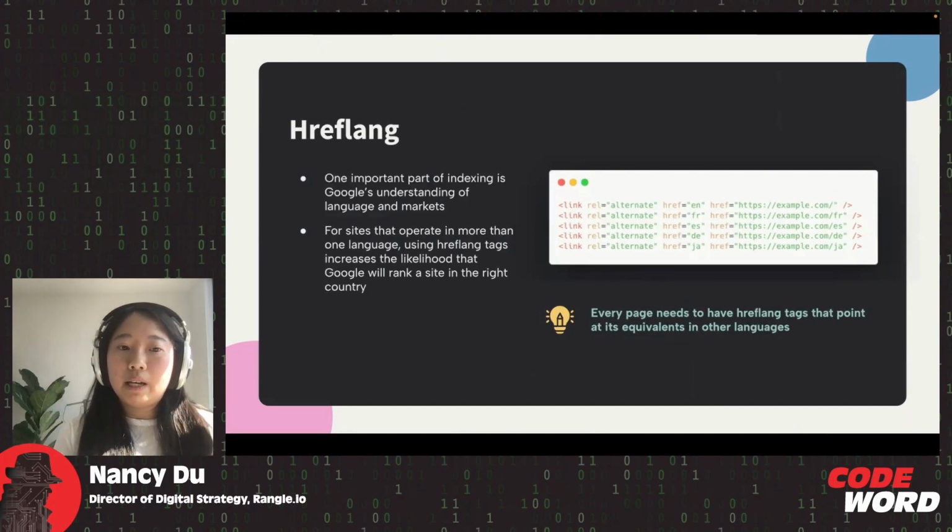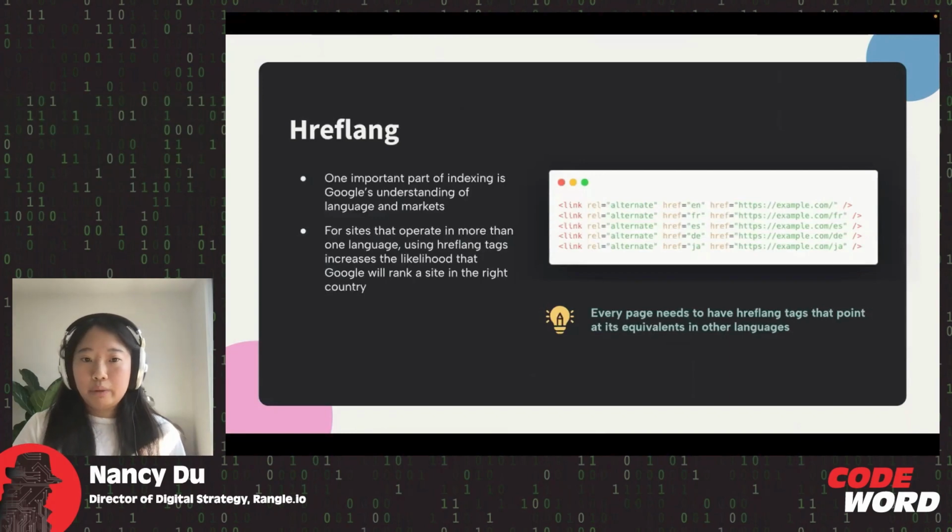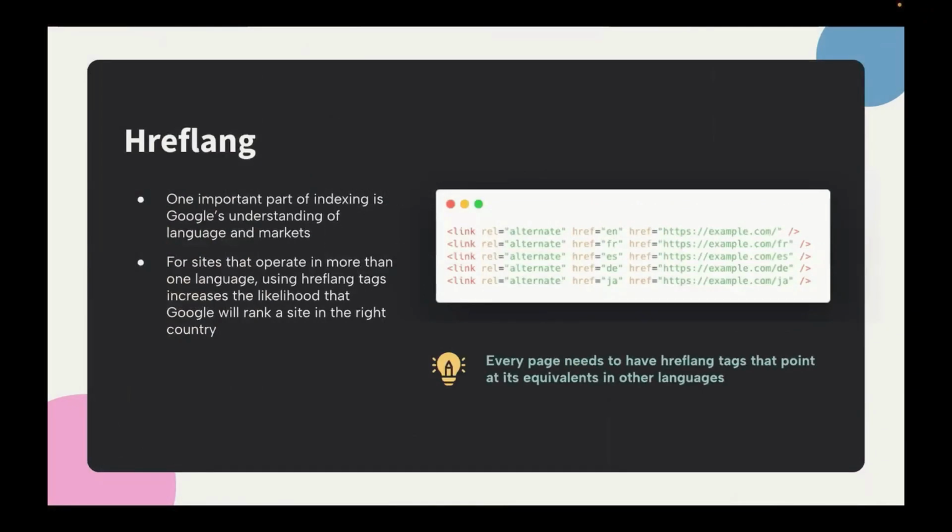So for sites that are operating in multiple languages, you want to include the hreflang for all of your pages, with the language that it's in and the URL. Here, I have several different languages at play for this website, and I'm just going to include all of the different variants in my header tag.